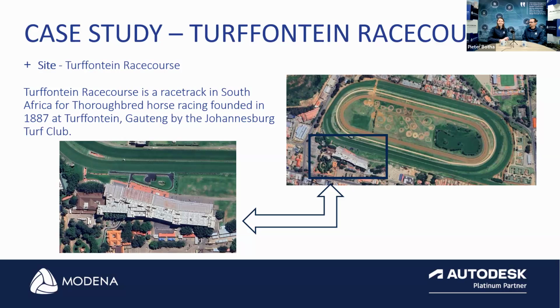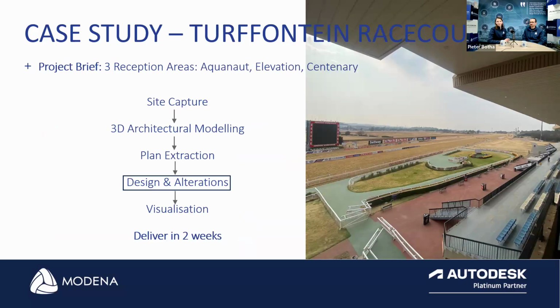So we're going to discuss a quick case study at Turffontein Racecourse. This is a project that we completed earlier this year. For those of you who don't know, it's a horse race track based here in Joburg in Gauteng. The project brief was for us to assist with 3 reception areas within this racecourse: the Aquanaut, Elevation and Centenary reception areas.